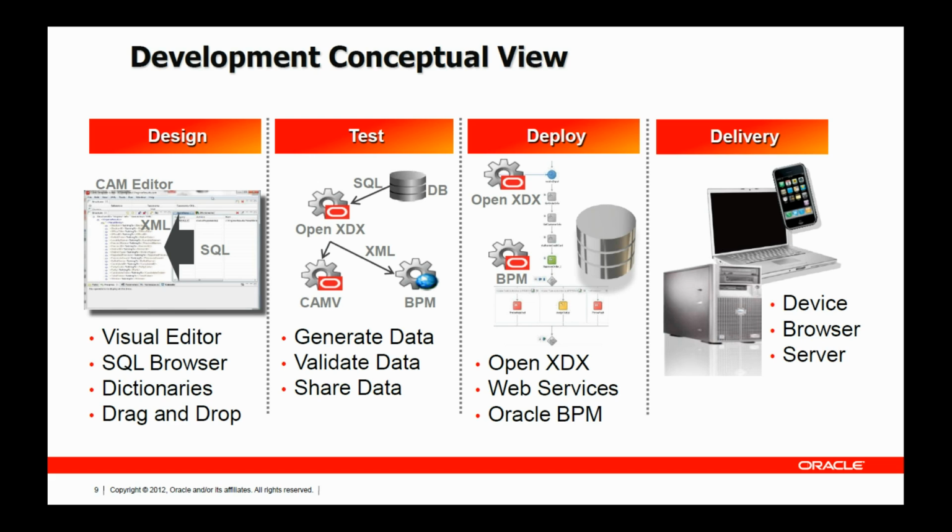Then we deploy this between the Open-XDX, the BPM engine, and the web services, and then, as we saw, the delivery in the browser, or of course a mobile device, and so on. So that's kind of the conceptual overview of how things have been put together.